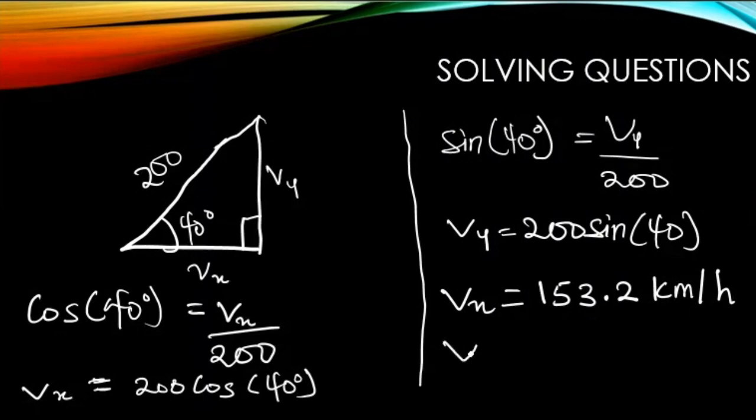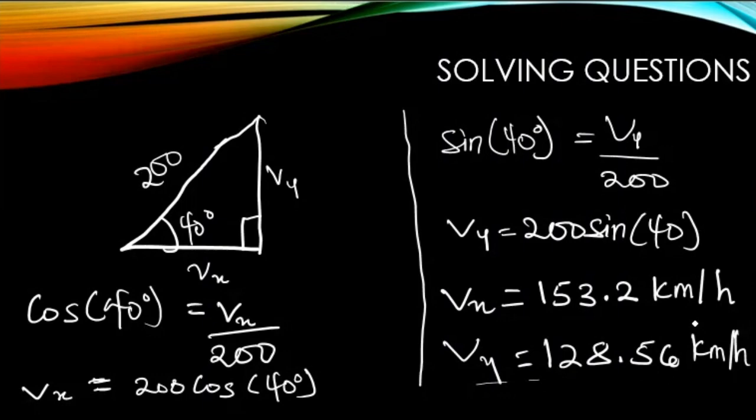And our Vy would be 200 sine of 40, that's 128.56 kilometers per hour. So we see that this is our vertical component Vy and horizontal component Vx.